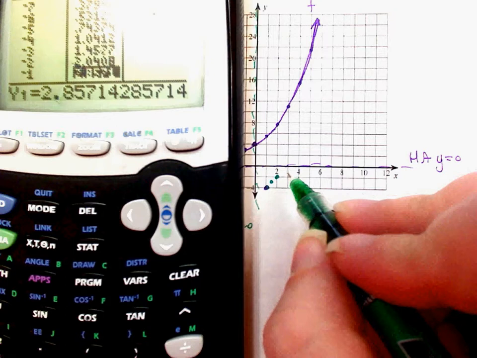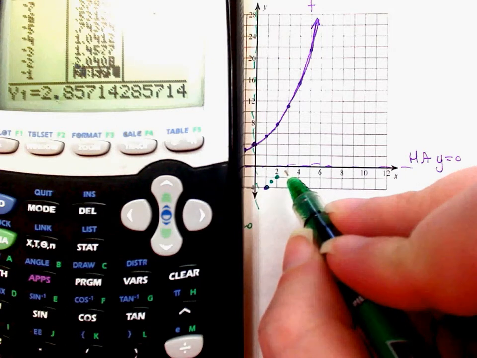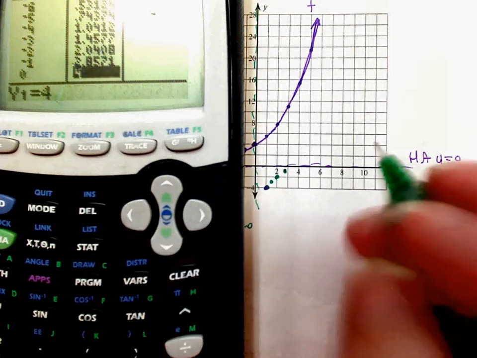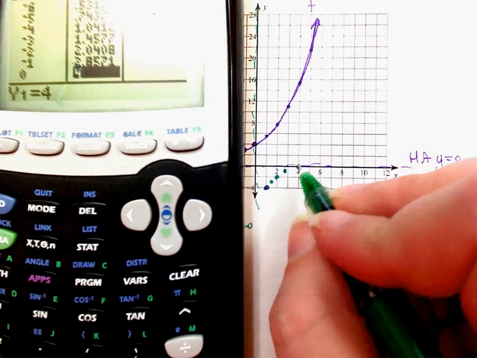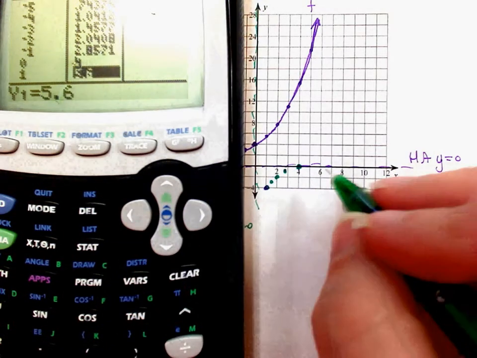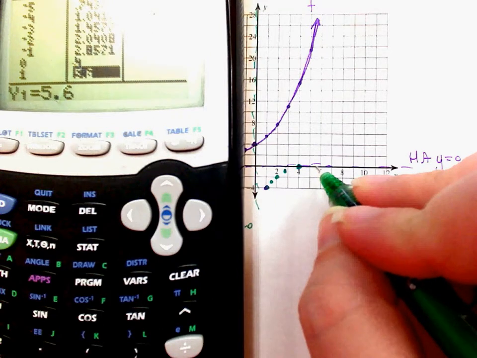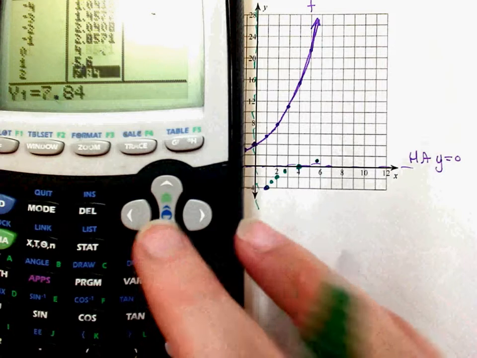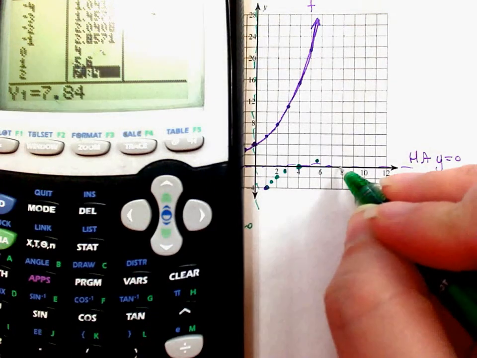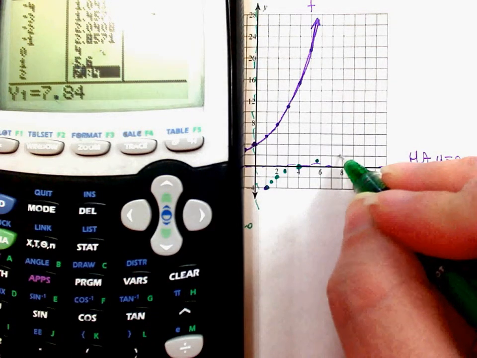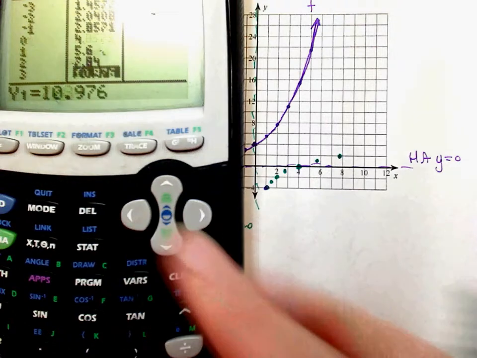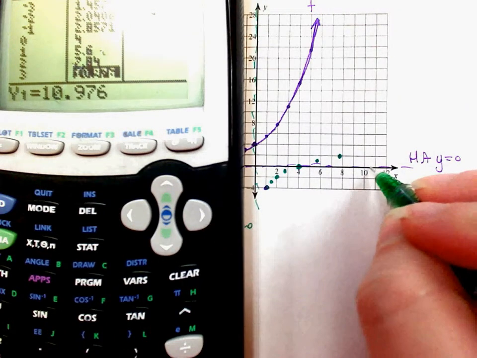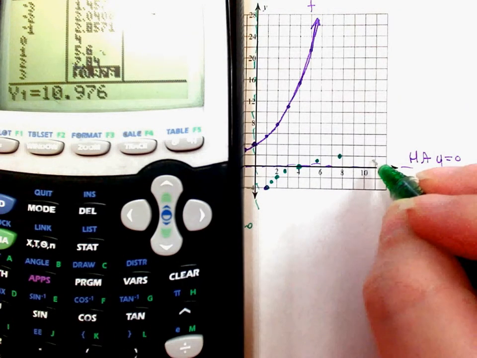At 4, I'm at what? 0. At 5.6, I'm at 1. At 7.84, I'm at 2. And at 10.96, I'm at 3. That's good enough, yeah? So here's what I've got.